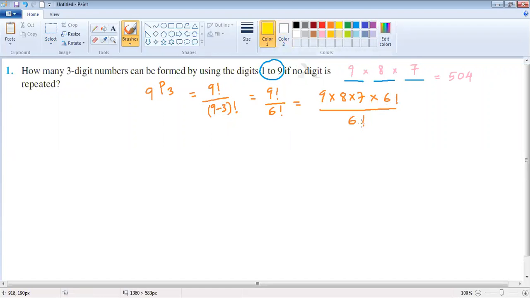You can see that the 6 factorial cancels, and 9 into 8 into 7 is 504. So there are 504 three-digit numbers that can be formed using the digits 1 to 9 with no digit repeated. If the digits are repeated, what happens? It is 9 into 9 into 9. 9 क्यों आएगा?